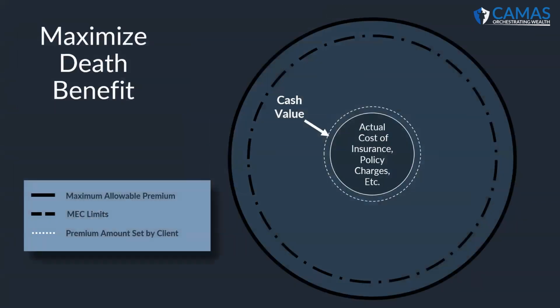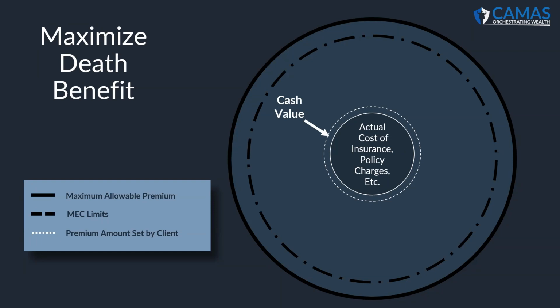As you start looking at designing the policy itself, we want to make sure, are we looking at this as a max death benefit? And typically when I'm looking at max death benefit, it's max death benefit for the least amount of cost. We're not worried about growing cash value here, even though cash value might be an element of the illustration. That's not the goal.